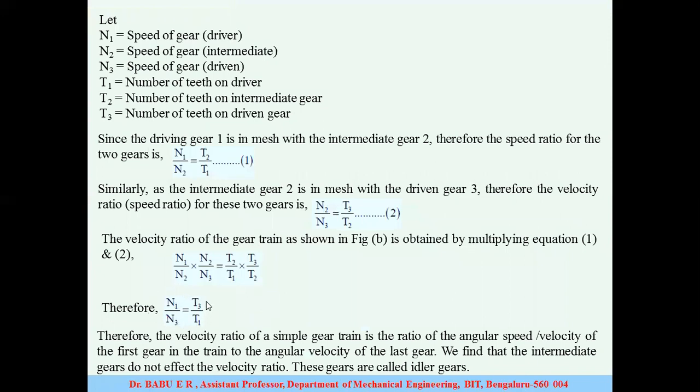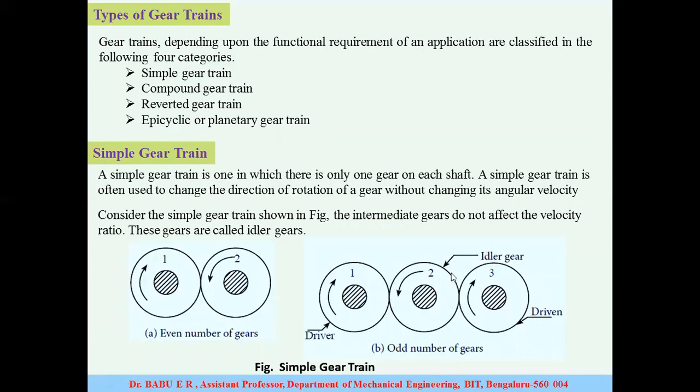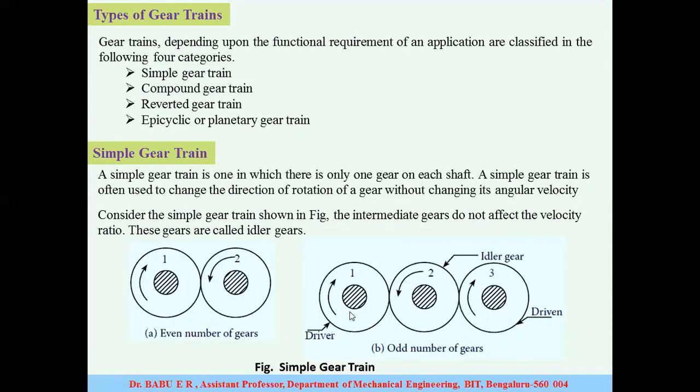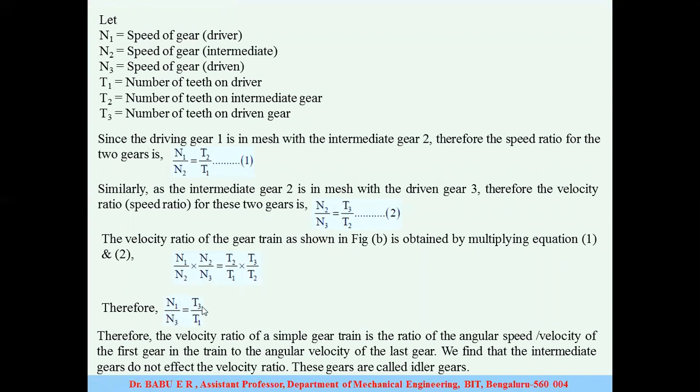When you see the velocity ratio for this combination of gears, you can observe over here that the velocity ratio always depends upon the speed of the driver and the speed of the driven member, which equals the number of teeth on the driven to the number of teeth on the driving gear.